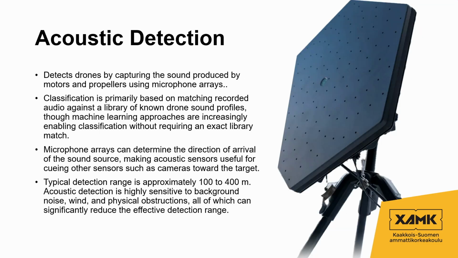Then acoustic detection. Of course, this is a very interesting one. Basically, you put a lot of microphones on the area you want to surveil, and these microphones detect all the noise around the surveilled area, and you need the signature library with this as well. You compare the detected noises to the signature library, and if you detect a propeller noise, the system will alert that there is probably a drone approaching the site.